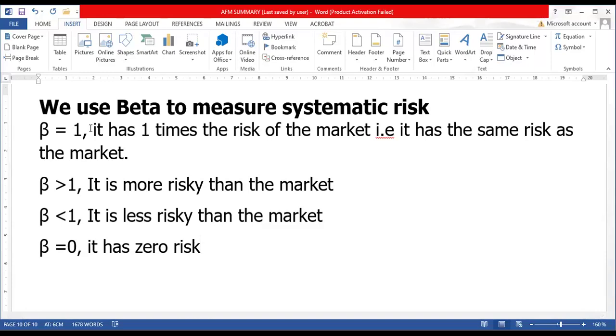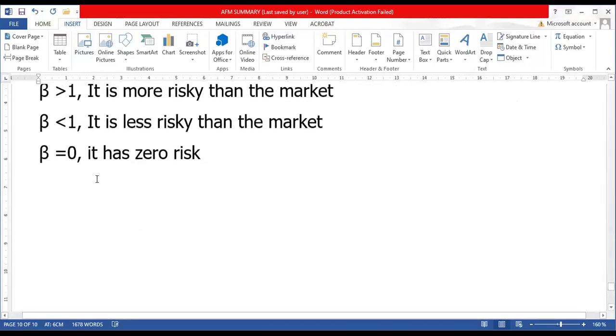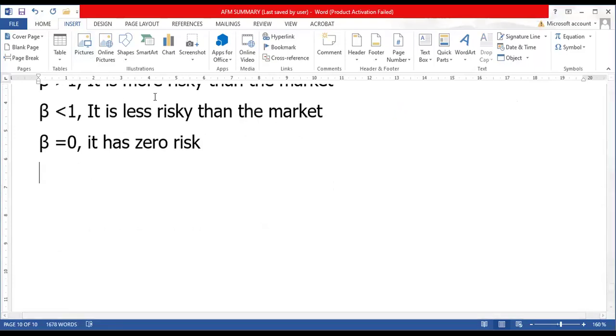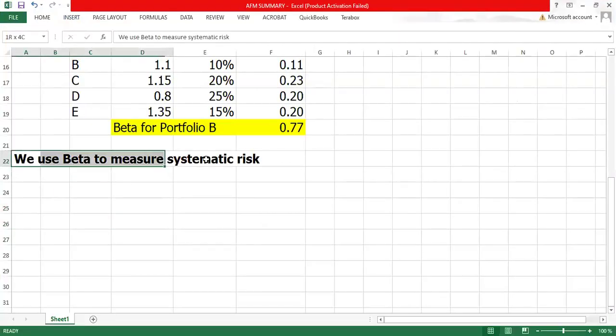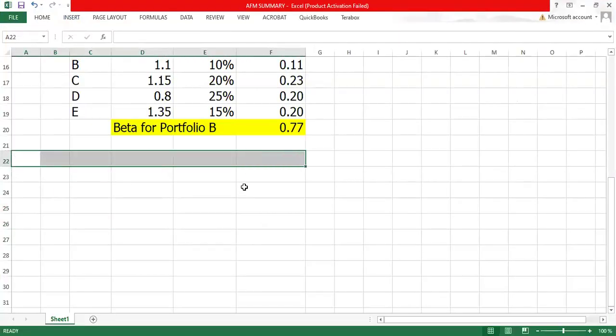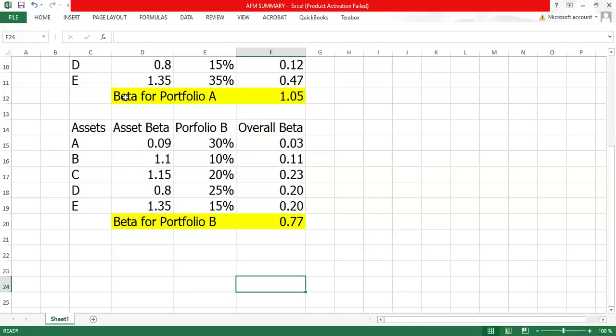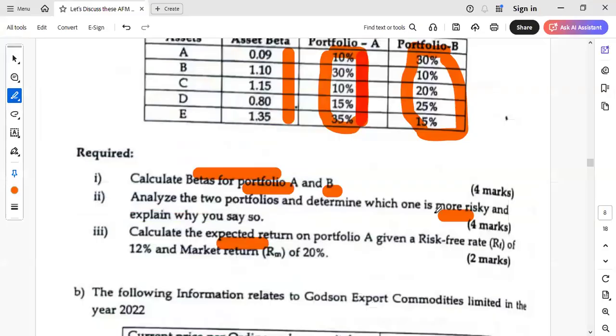Okay, so from this, what you're going to do now is to analyze your question. Now we want to identify which one is more risky.